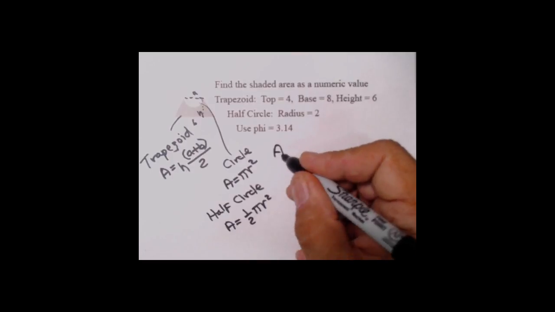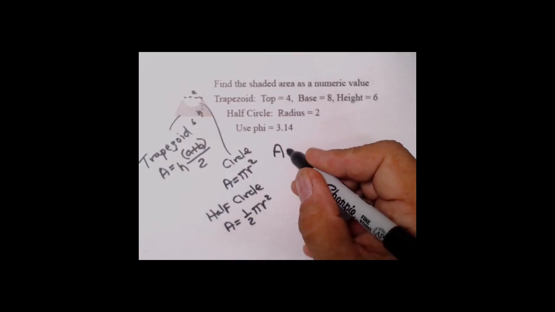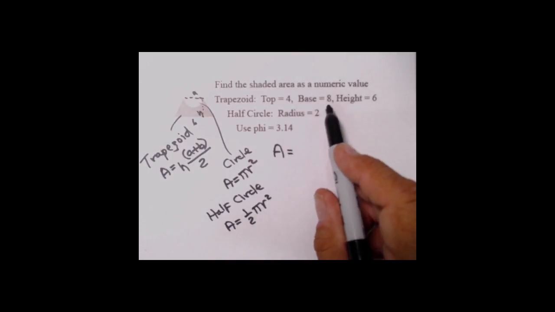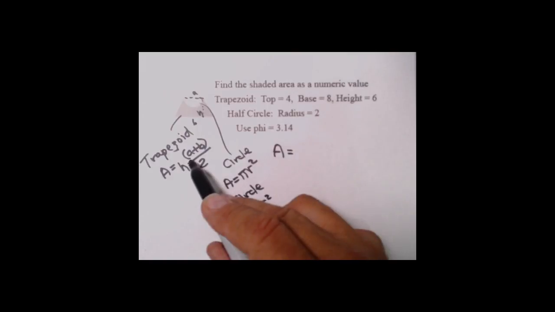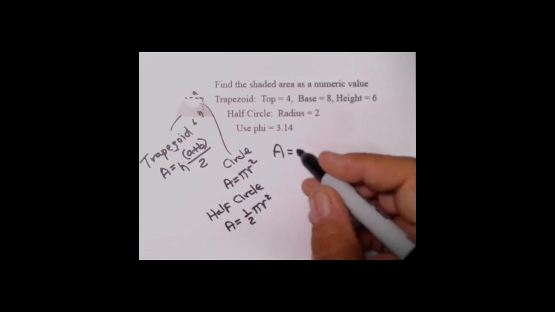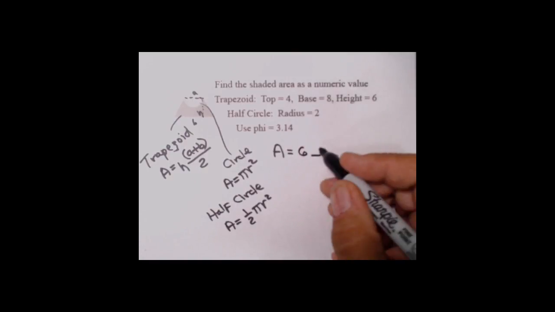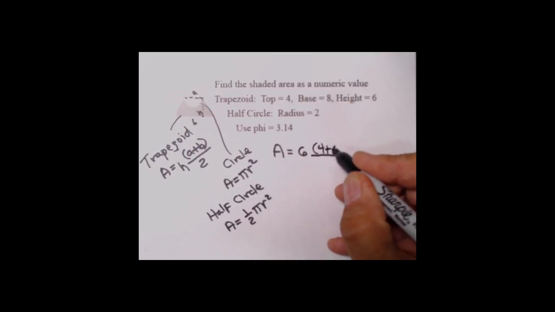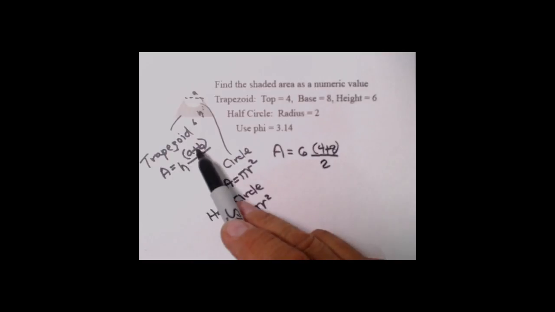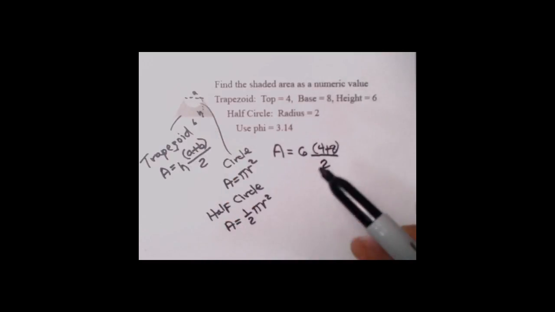So again, the area of the whole original object here, the trapezoid, and they tell us to use 4 for the top, 8 for the base, so A and B are 4 and 8, and then the height is 6. So it's going to be 6 times 4 plus 8 divided by 2. Okay, that's the full area of the trapezoid if we had not cut the half circle out.